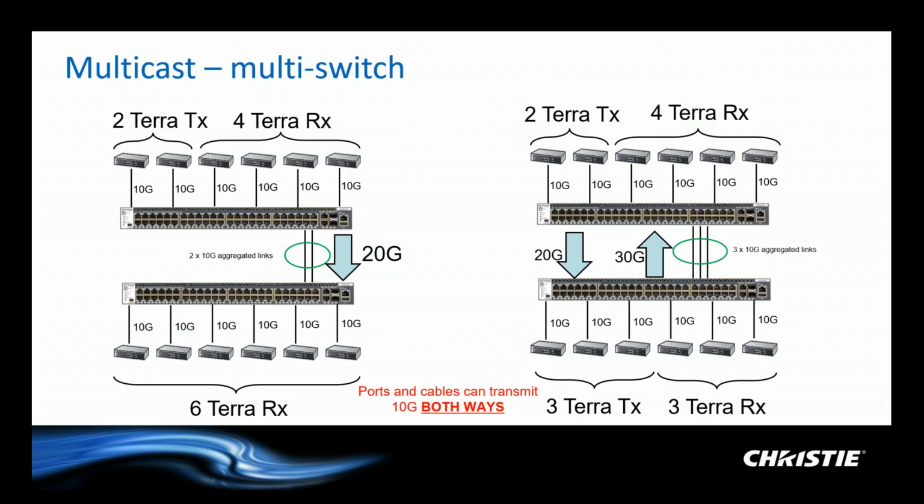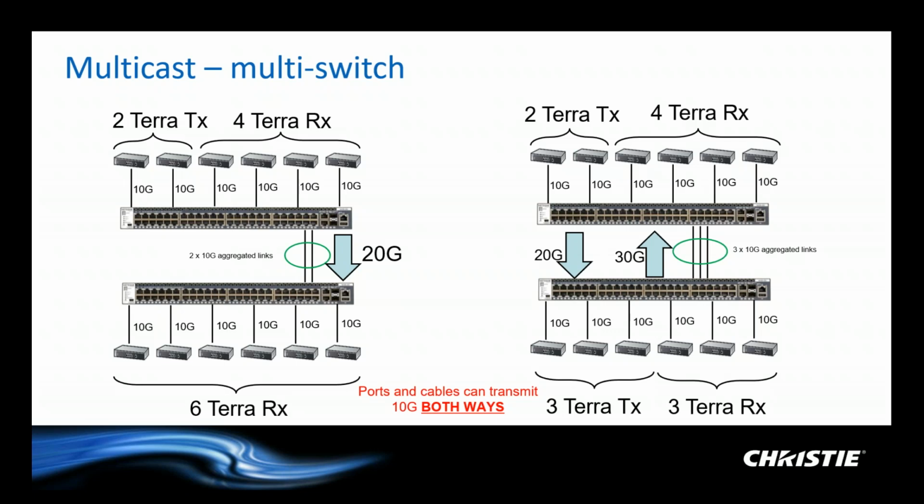so that's pretty simple. On the example on the right-hand side, it's a little bit different now. So we've got 2 TX and 4 RX still on the top switch, and on the bottom switch we've got 3 transmitters and 3 receivers. Now here, the maximum that the RX on the bottom switch are going to be pulling from the top switch is 20 gigabytes, because there are only 2 transmitters.